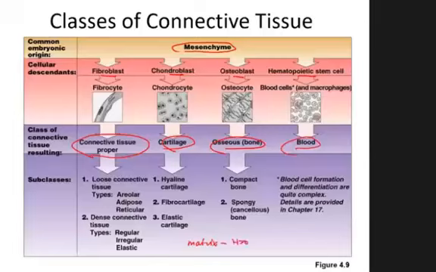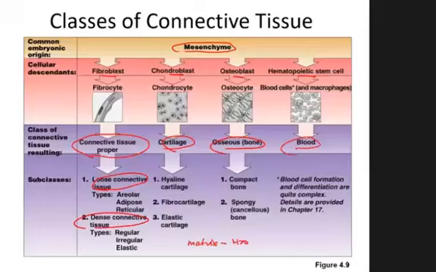Now, the loose connective tissue and the dense connective tissue are generally the two types of your connective tissue proper. So that's the first one that we're going to be looking at. When you say loose, the cells are all over with space in between each other, so in the middle is just matrix. Aside from that, you're going to see fibers located in between the spaces, and that is what we call loose connective tissue.